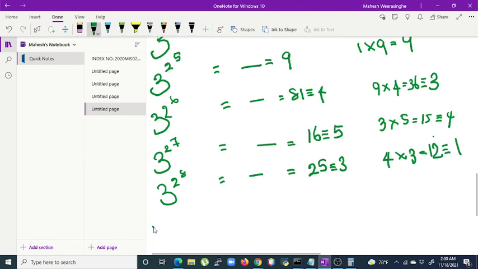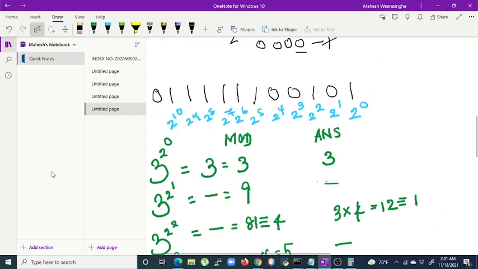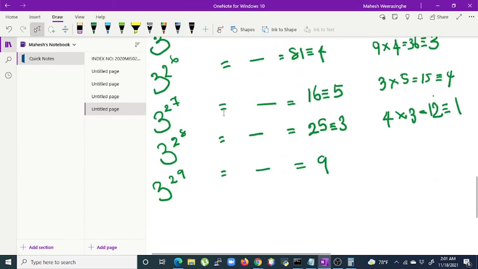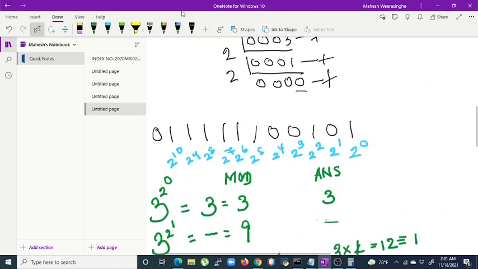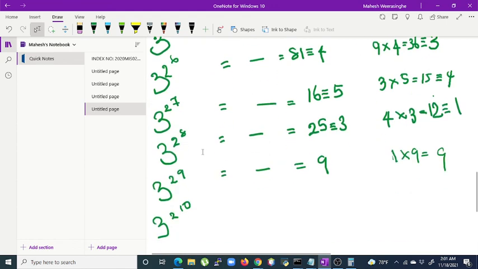And then the next step is 3 to the power 2 to the power 9. Here it's 9, once I square 3, it's 9, and let me check whether 2 to the power 9 is 1. It has 1, so then it should be going into the answer section. 1 into 9 is 9, and then 3 to the power 10, I think that is our final step, so it also should be going into the answer.